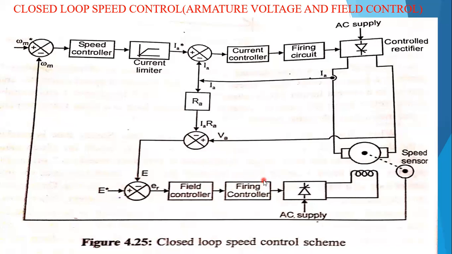So this is the field control scheme, and then coming to the speed. First we have to maintain the field current at maximum. Then any positive speed error, omega m star minus omega m, where omega m star is the reference speed and omega m is the actual speed, so omega m star is greater than the actual speed.